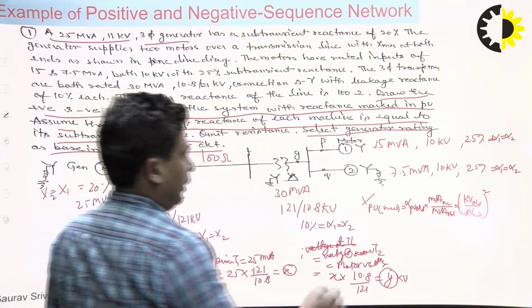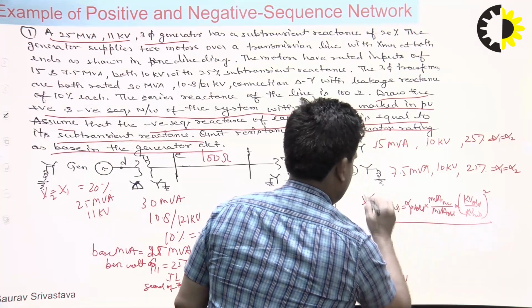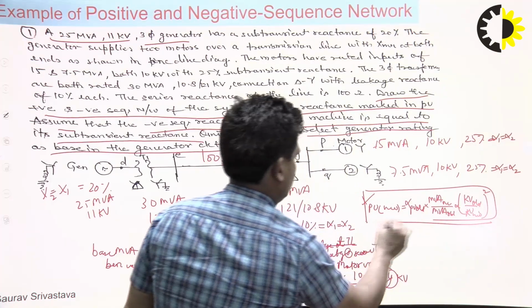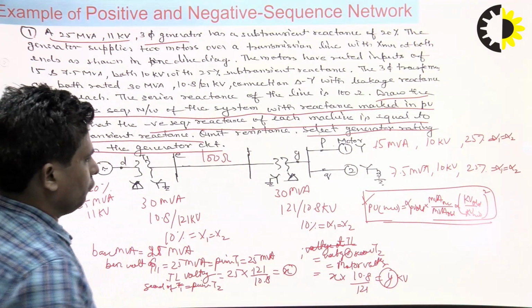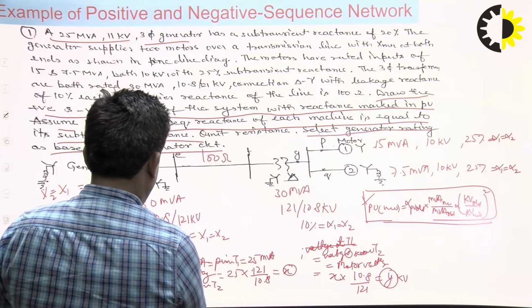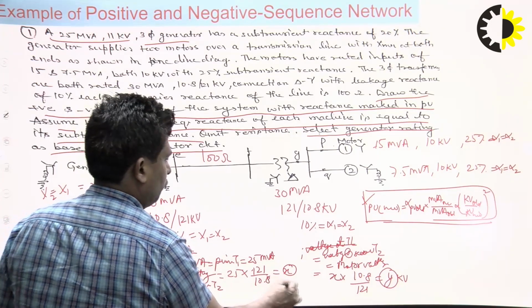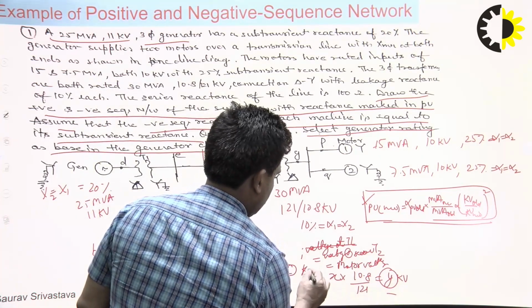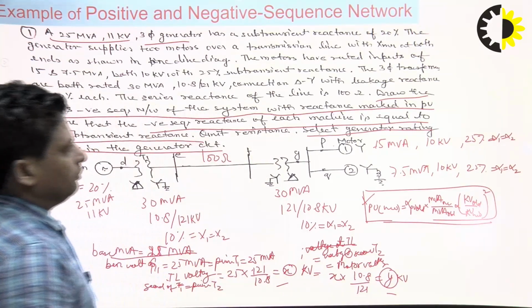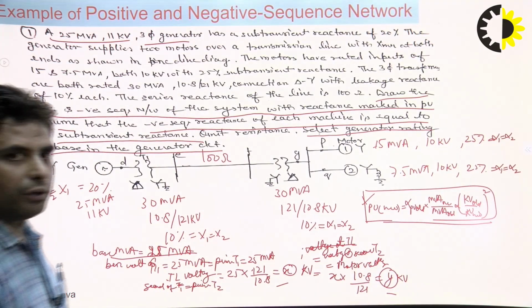Okay, so we have the formulas and voltages. We have the MVA base and different voltages. So just put in these values and find out the per unit values.